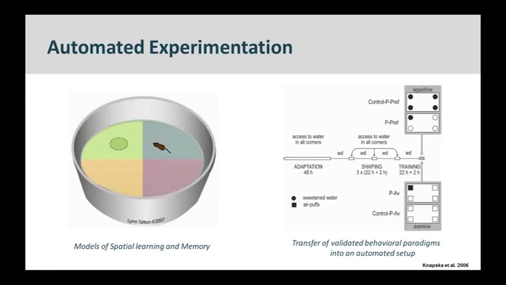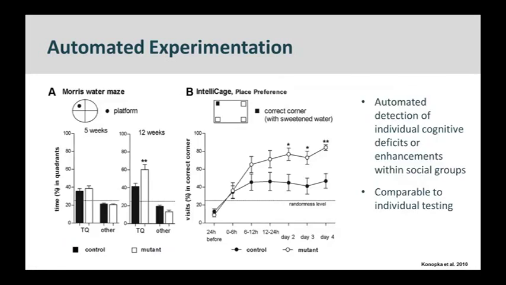Dr. Konopka showed clearly that DICER1 gene inactivation leads to an increase of spatial memory performance in the probe trial of the Morris water maze task, as well as in a place preference task in the IntelliCage.